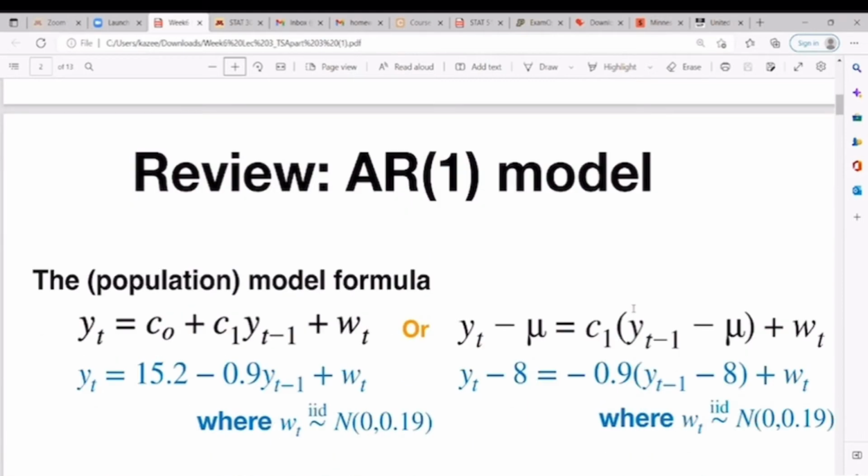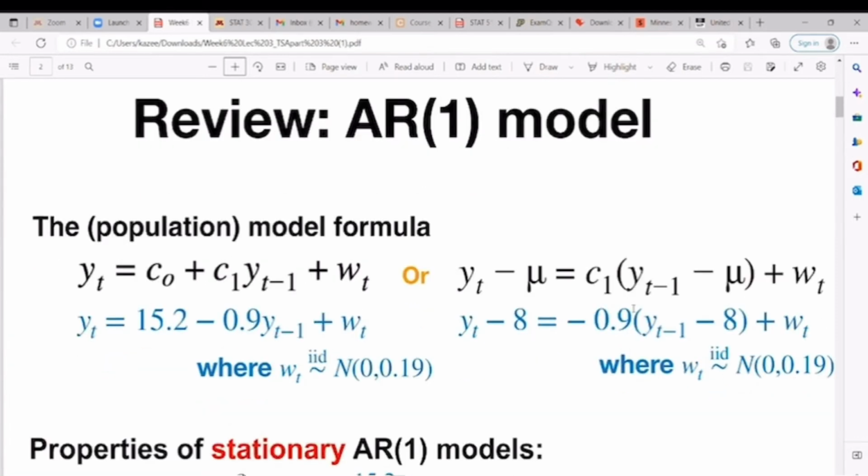I want to have a review of the autoregressive model of order 1. You remember the last time we met, I walked you through the autoregressive model of order 1. It is basically relating the current value of the series to the immediate past.